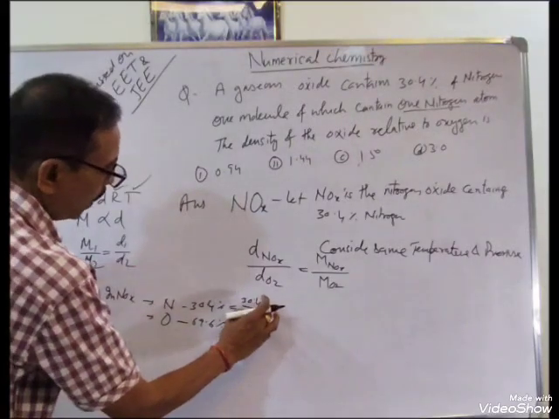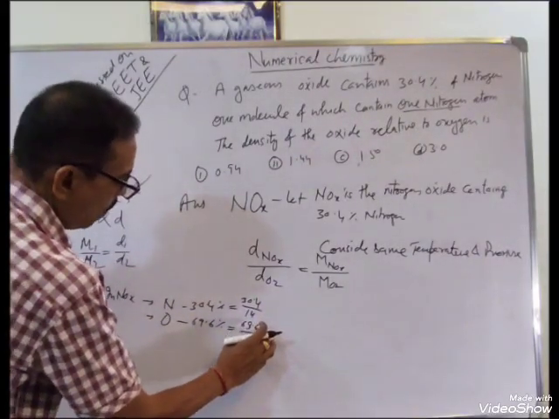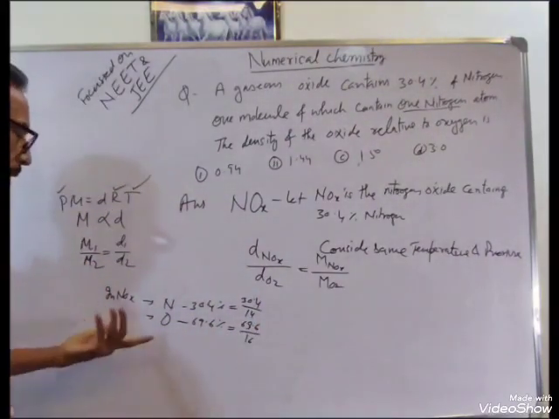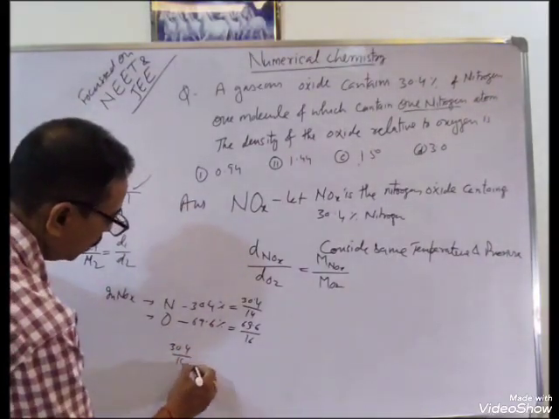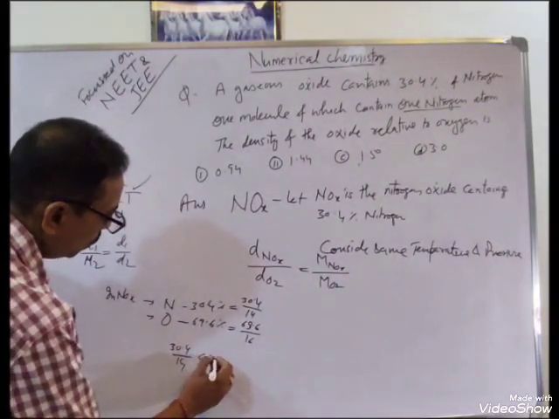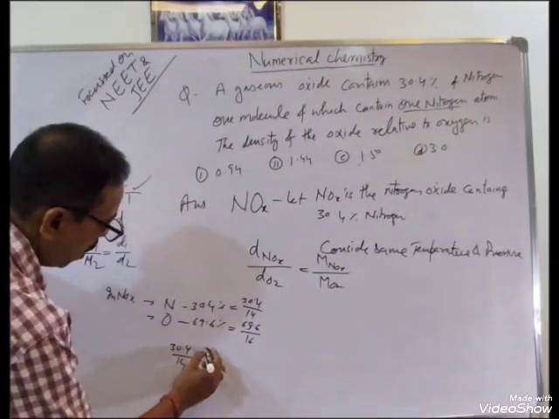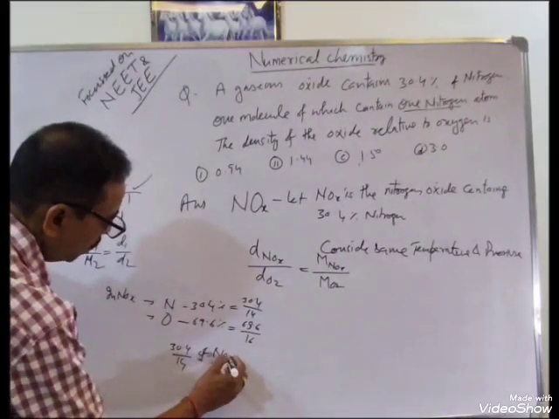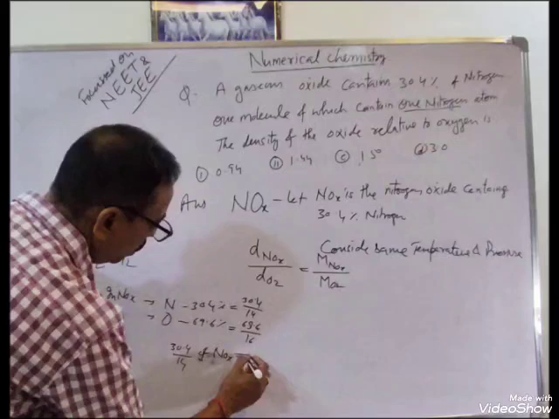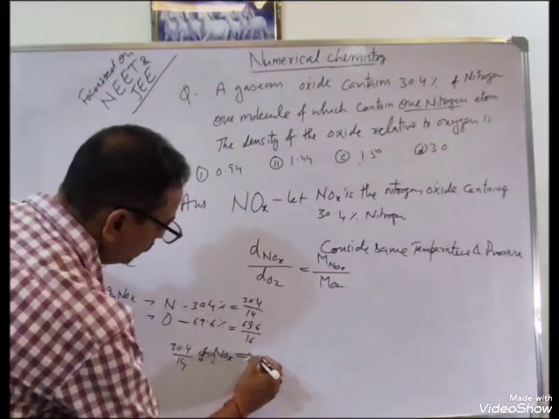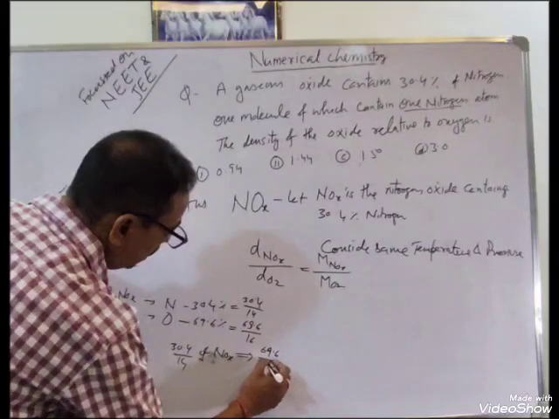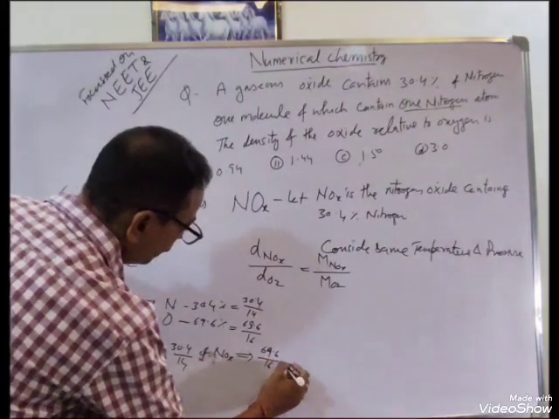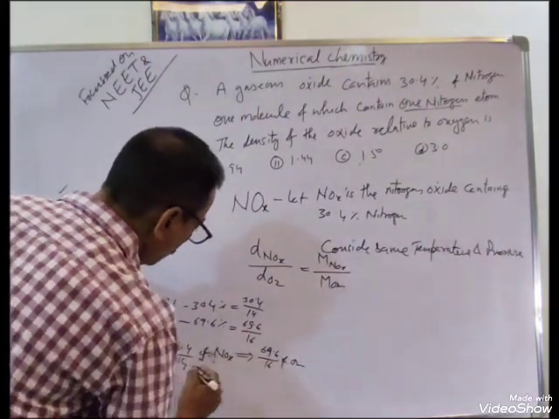So if it is one atom of nitrogen, how many atoms of oxygen? It is very easy. 30.4 divided by 14 of nitrogen corresponds to 69.6 divided by 16 of oxygen.